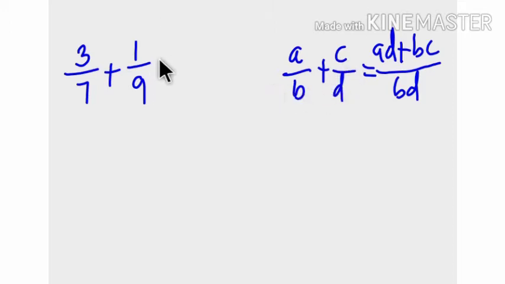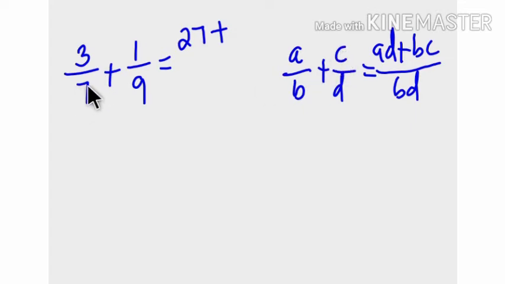Let's do the same here. Numerator of first into denominator of second: 3 into 9 is 27, plus b into c, which means denominator of first and numerator of second.